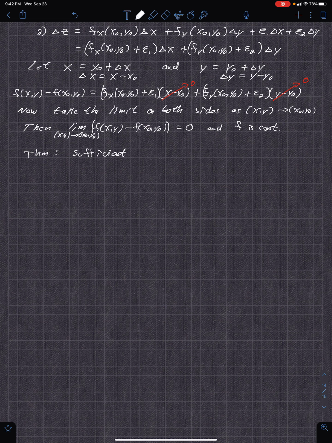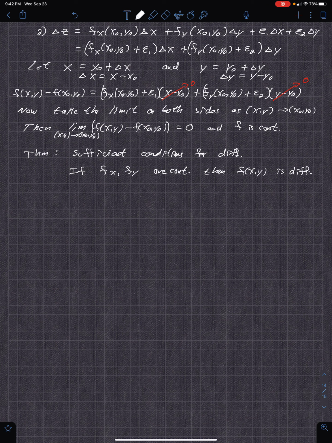It basically says if partial fx and partial fy are continuous, like exist and are continuous, then f of x, y is differentiable.